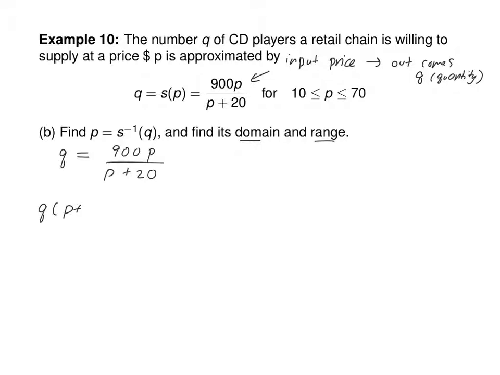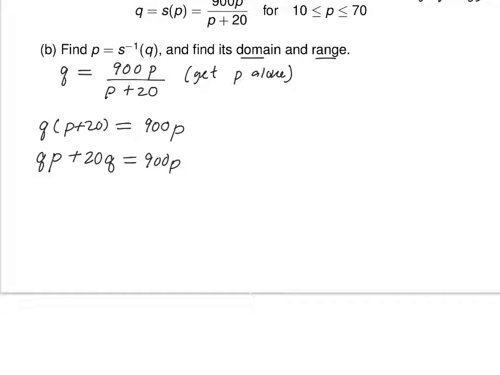Q times P plus 20 equals 900P. We're getting P by itself, right? So I have to get the P's on the same side, so not yet. QP plus 20Q equals 900P. And I'll just add myself a note: get P alone. That's what I'm doing, because otherwise it's easy to lose track of what's going on. Okay.